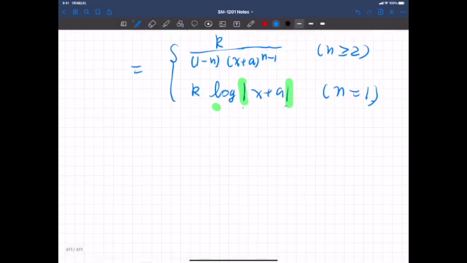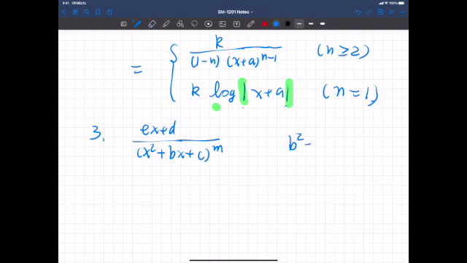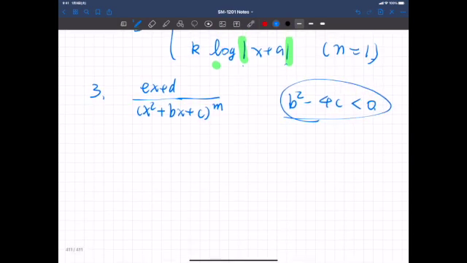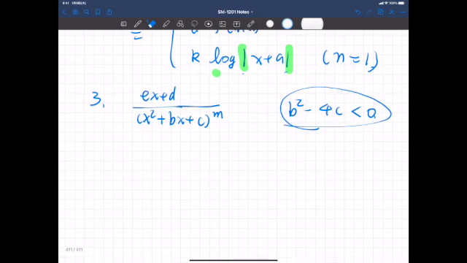And finally, consider this part, (ex plus d) over (x squared plus bx plus c) to the power of m. Okay, this is a little tricky, and remember we should have b squared minus 4c negative. Okay, this is important. We'll see why. So let's see. First of all, let's simplify the denominator. Okay, so x squared plus bx plus c.